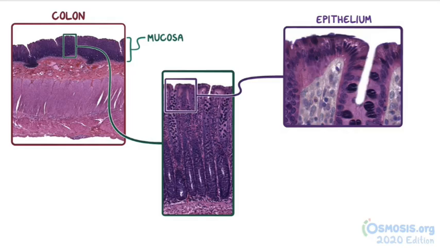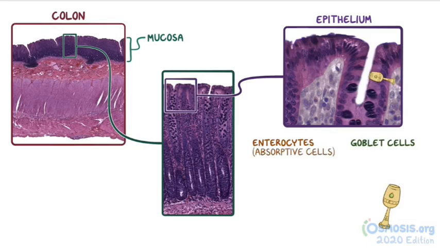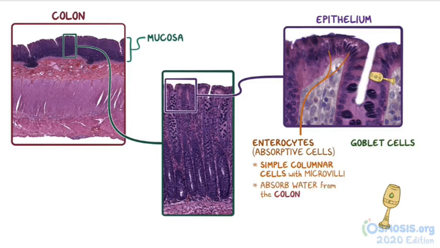The epithelium consists of two types of cells, enterocytes and goblet cells. The enterocytes, or absorptive cells, are the simple columnar cells with microvilli. They're also called the absorptive cells because of their main function of absorbing water from the colon lumen. And the goblet cells are responsible for secreting mucus.